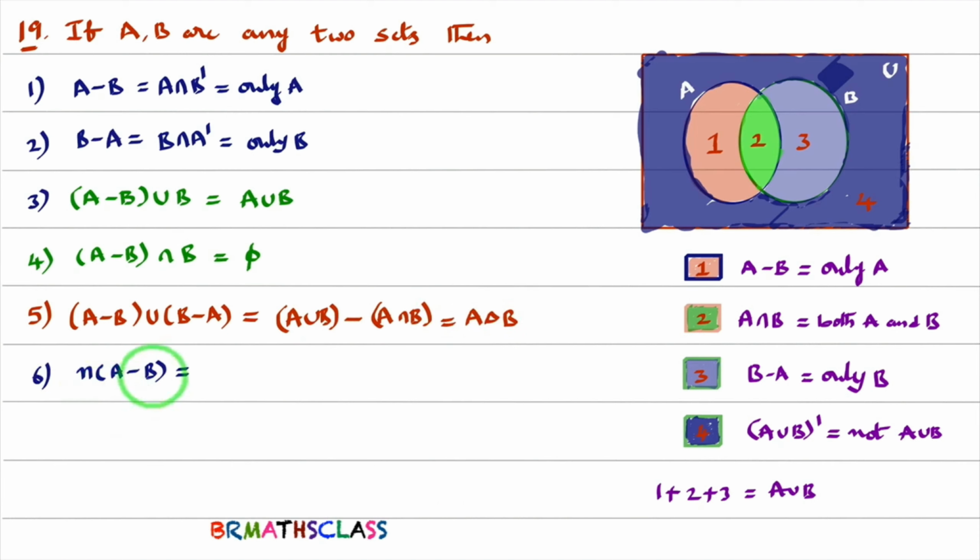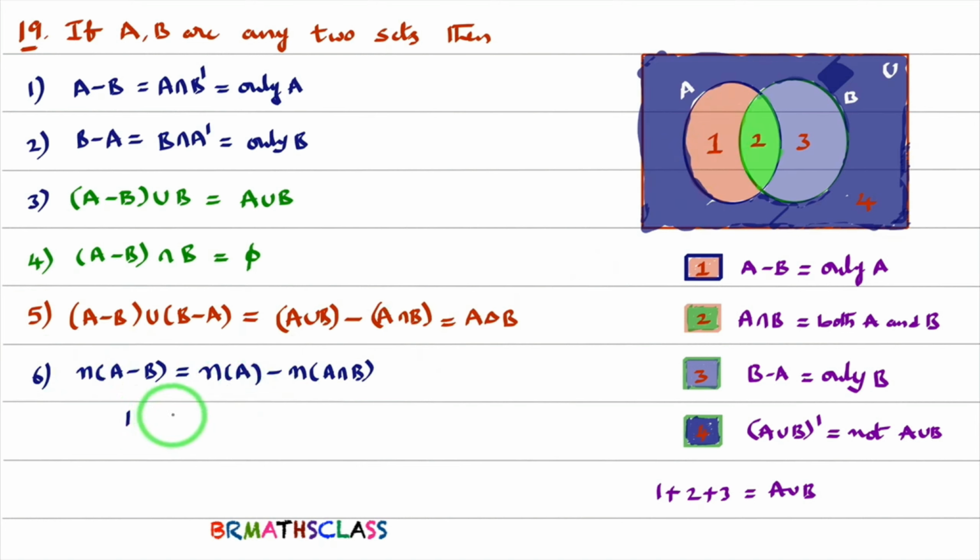See this: n of A minus B. What is n of A minus B? The number of elements present in A minus B. A minus B means only A, which can be written as the number of elements present in set A minus the number of elements present in A intersection B. A minus B means which part here?